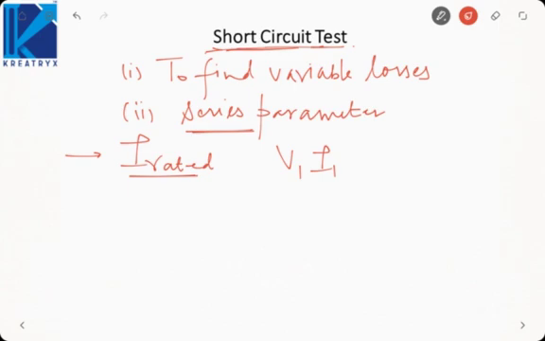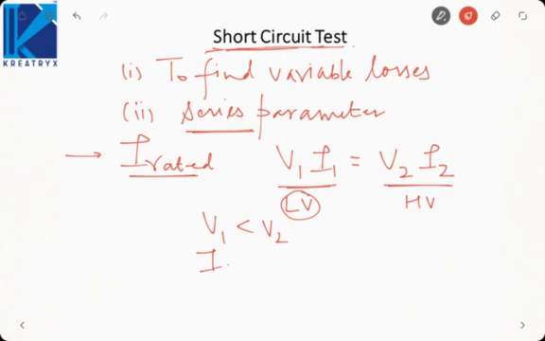So, it cannot increase the power in the signal. V1 I1 will be equal to V2 I2. Power will be same on both the sides. Suppose this is LV side, this is HV side. Since the voltage V1 is less than V2, I1 would be greater than I2.